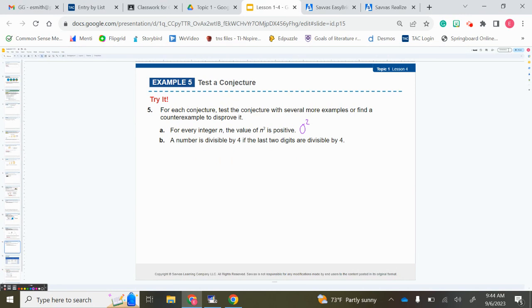All right. A number is divisible by 4 if the last 2 digits are divisible by 4. Someone give me a number where the last 2 digits are divisible by 4. So we're talking like 08, 16, numbers like that. You don't need to reinvent the wheel with this, I promise.